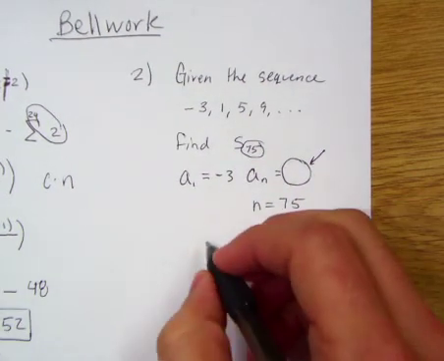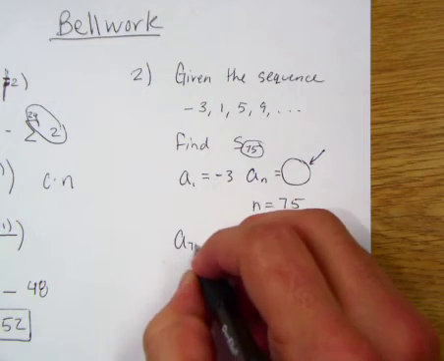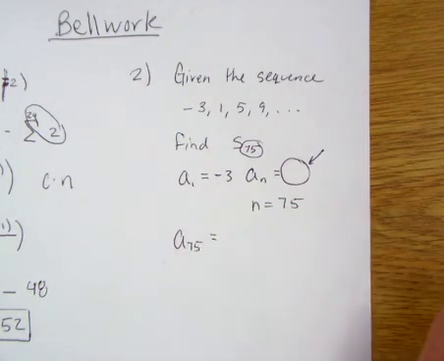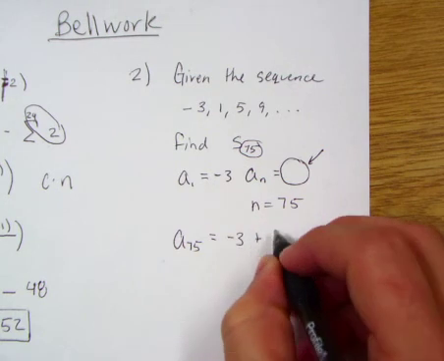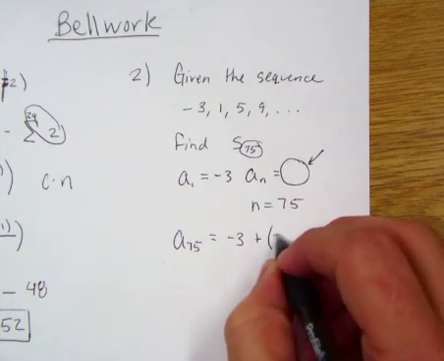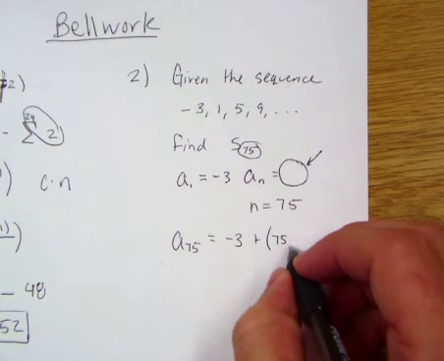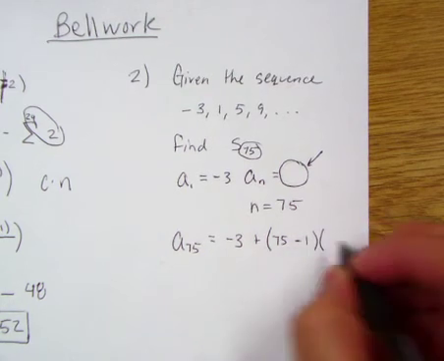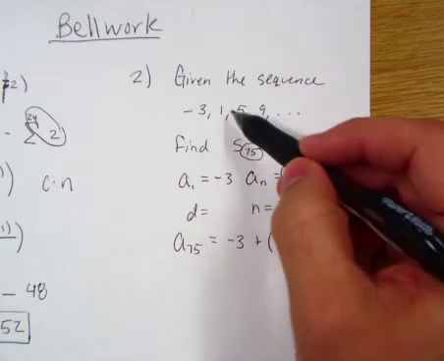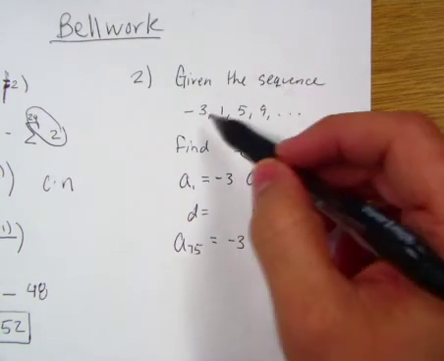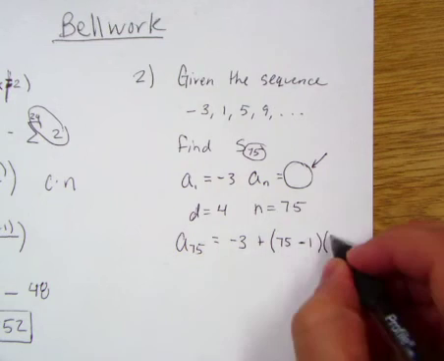So when I go to use the formula for an arithmetic sequence, I'm looking for the 75th term, A sub 75. And then the first term is negative 3 plus n is 75. I'm just using the formula that's on the board for arithmetic sequence. n is 75 minus 1 times the common difference. The common difference we didn't find yet, but you could figure it out since you're given the sequence. It looks like I'm adding 4 every time, so my d is 4.